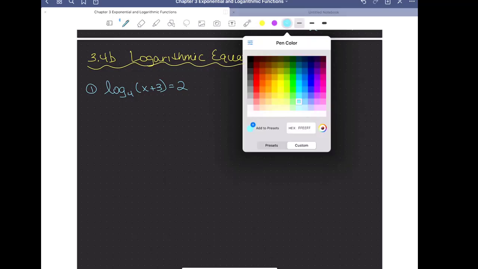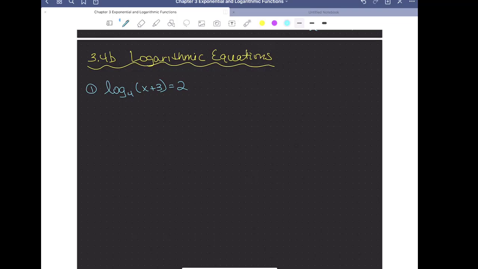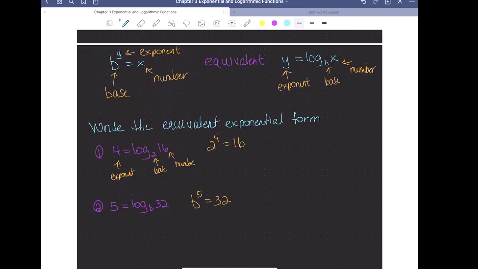So when we look at our problem, what's our base? 4. Yep. What's our exponent going to be? 2. And that's going to equal our number, x plus 3. So remember when we went back and forth between exponentials and logs?